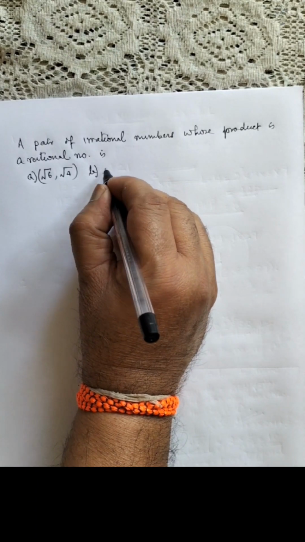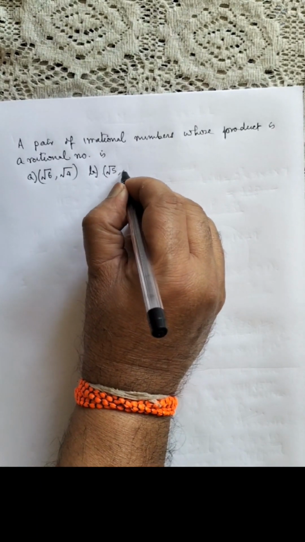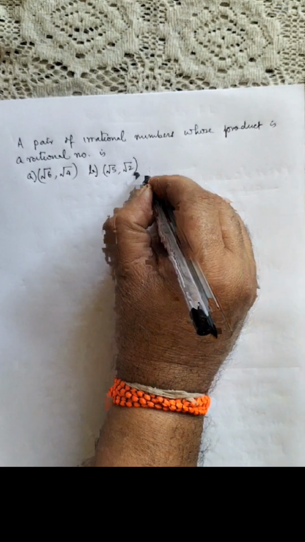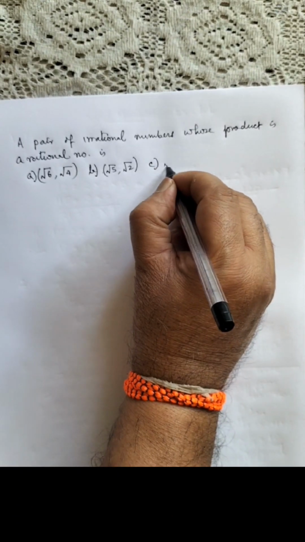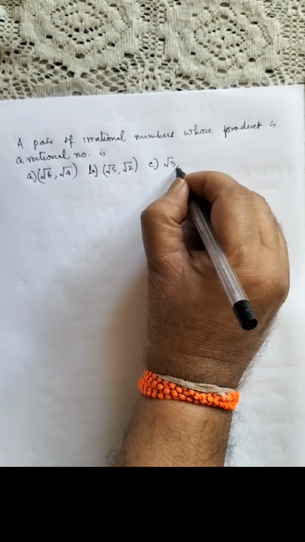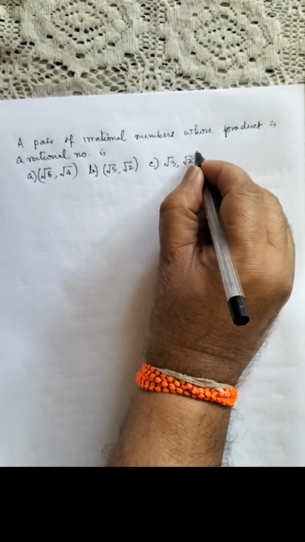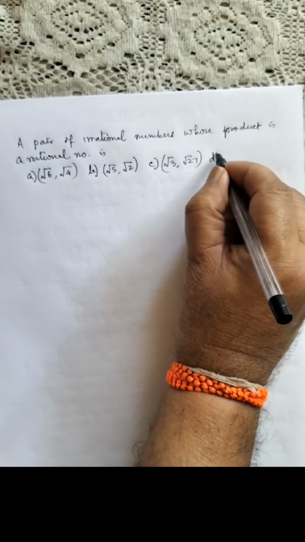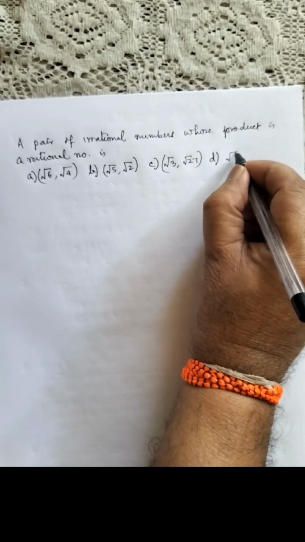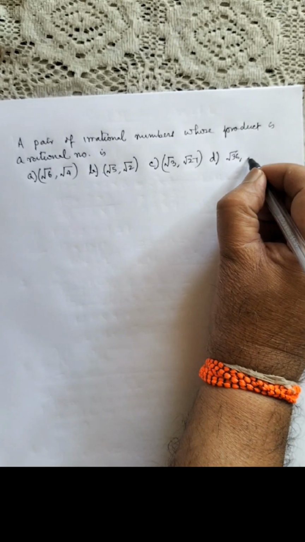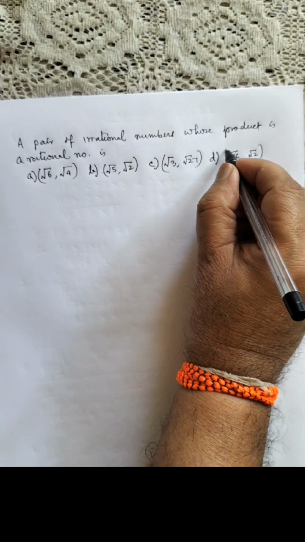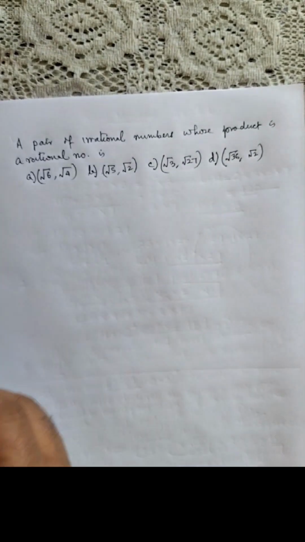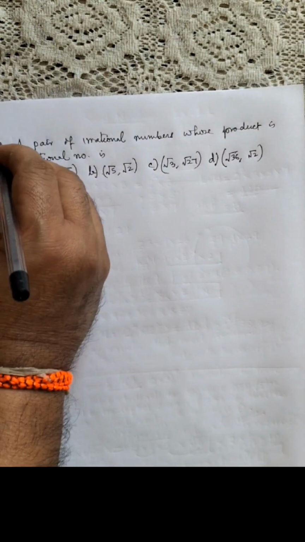B part is root 5 and root 2. C part is root 3 and root 27. And D part is root 36 and root 2. So from this, you have to find out, this is the third question, which pair, if we multiply, gives you a rational number.